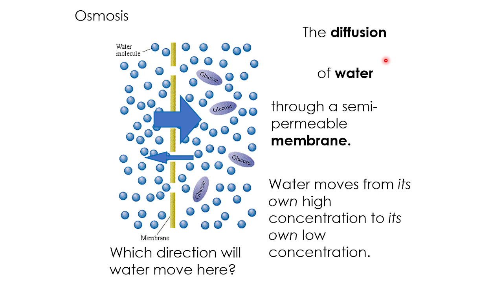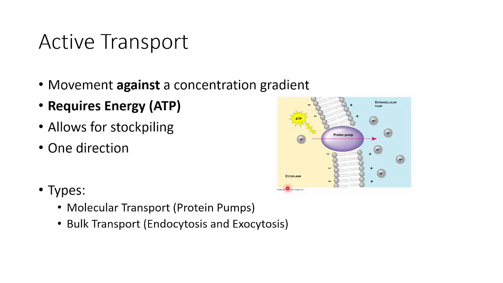Water moves from its high concentration to its low concentration, and then an equilibrium is reached, after which the process halts. So here you see that the water will move from a high to a low concentration across the semi-permeable membrane.